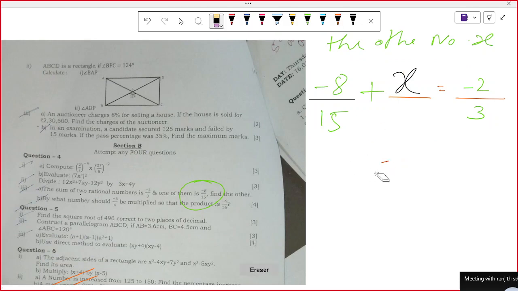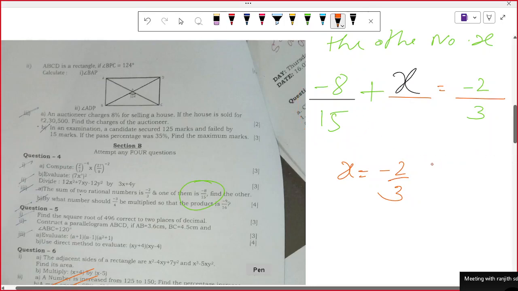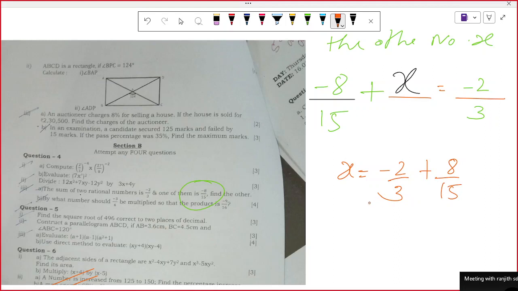Sir, x is equal to minus 2 by 3 plus 8 by 5. This entire thing goes to the other side. Minus 8 by 5 becomes plus 8 by 5. Will you take LCM and do it later? Yes, take LCM and do this question later.